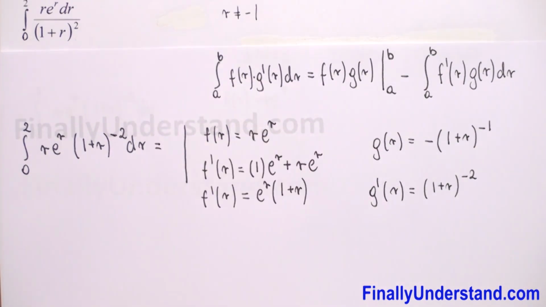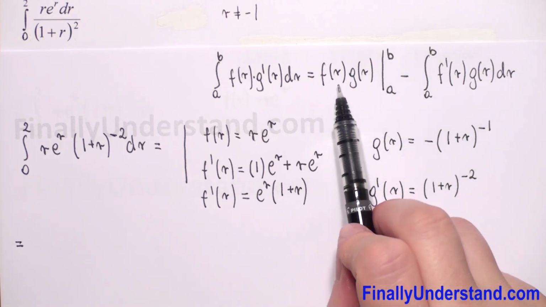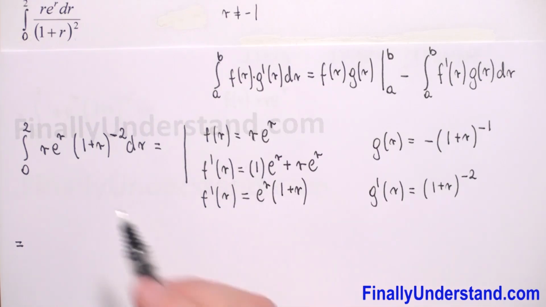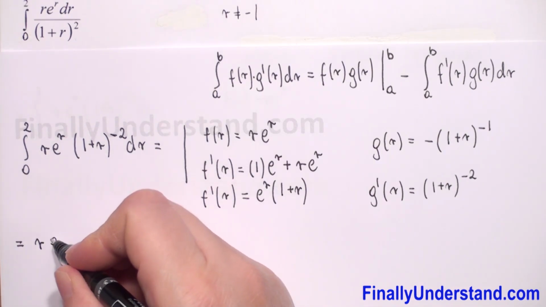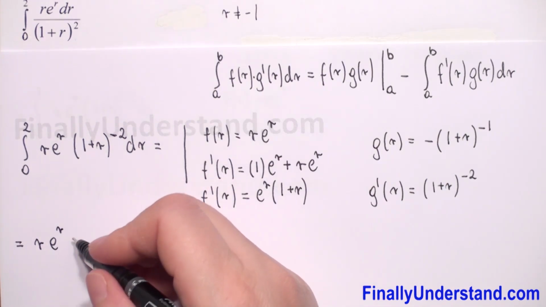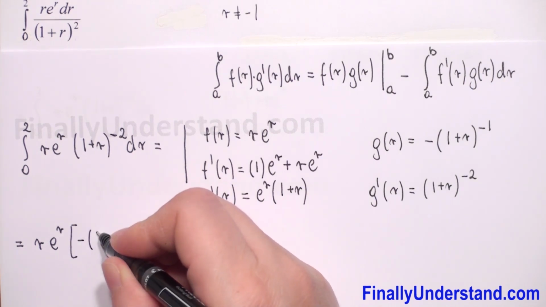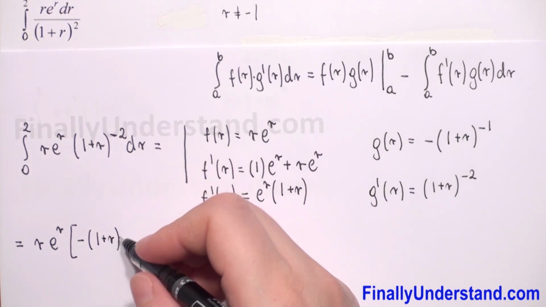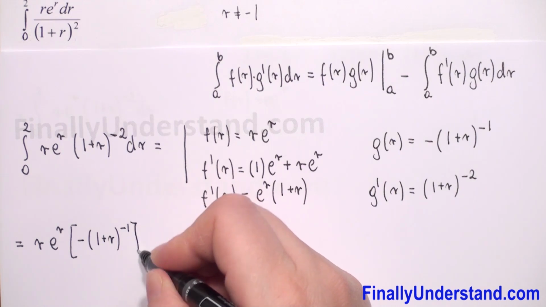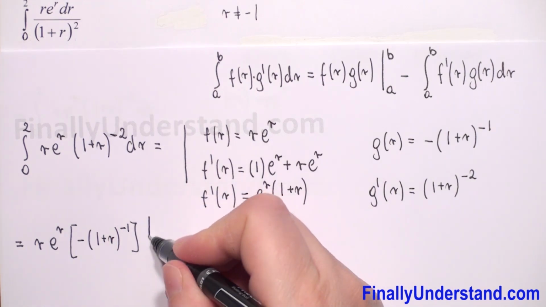This is equal to f of r times g of r. So we have r times e to power r times, and in brackets we will put negative, 1 plus r in parentheses to negative 1 power, and we need to put a vertical bar.